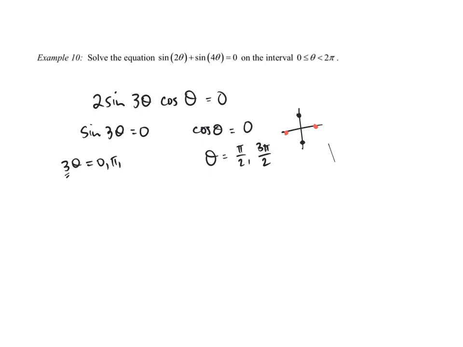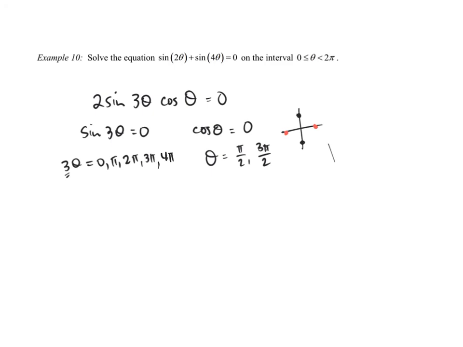And so I'll kind of talk through that as I'm going. So the next number would be 2 pi. Okay, the next number after that would be 3 pi. If I divide 3 pi by 3, which I'm eventually going to do because of the 3 right here, that's still going to be less than 2 pi. So that means I need to keep going, which would be 4 pi.